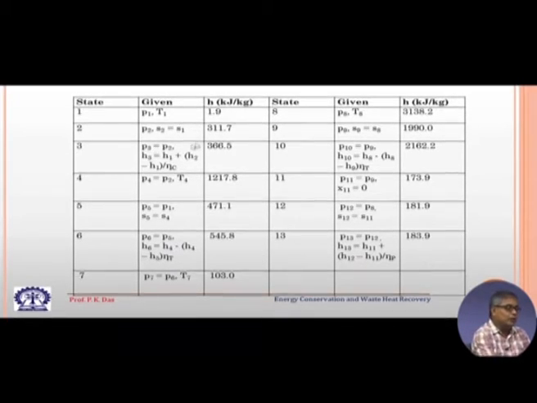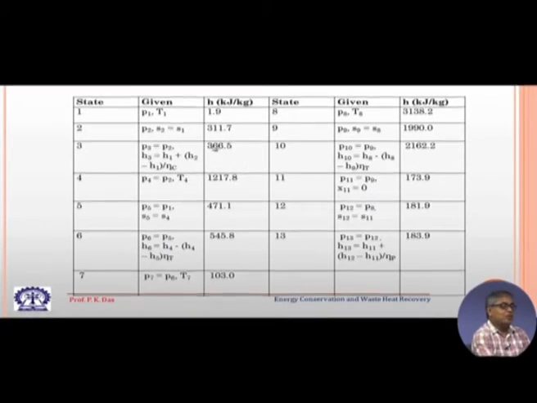So, what we will do? This we have explained in connection with our steam power plant. So, considering the isentropic efficiency of the compressor, which is given, and considering H2, the enthalpy that is known, H3 can be calculated.